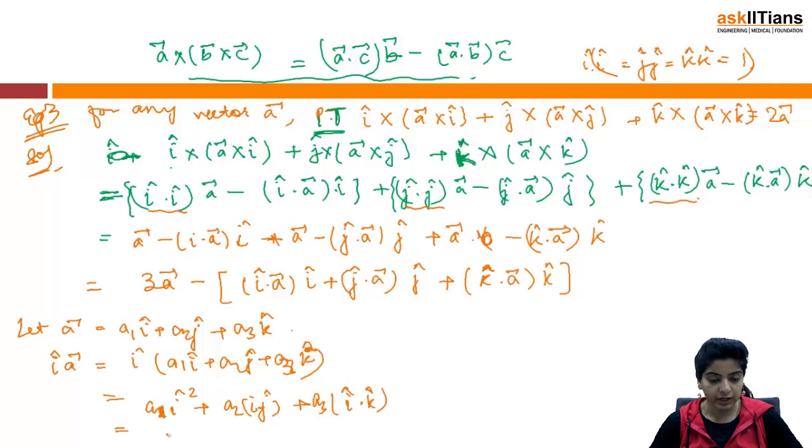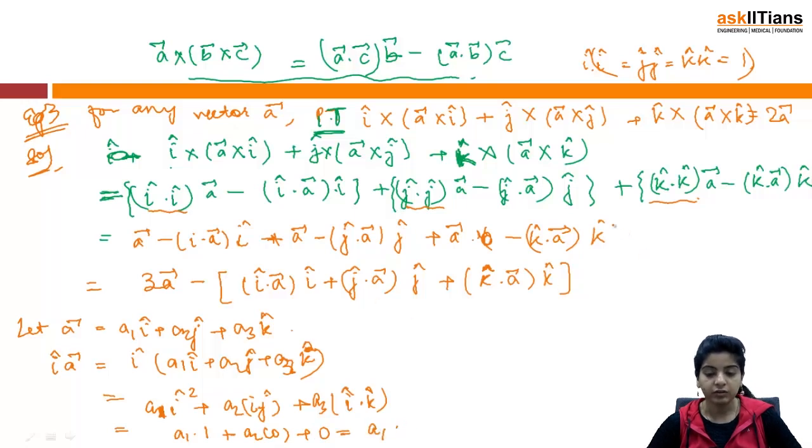So this can be written as A1 into 1, obviously I square is 1, then I have 0, 0. So I get A1.